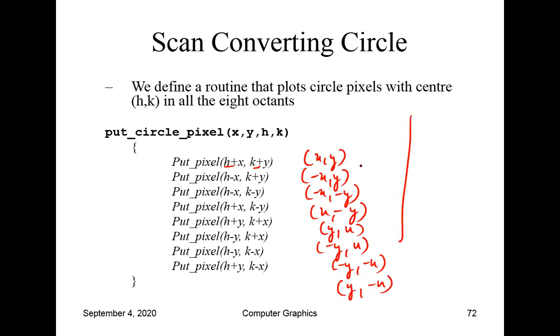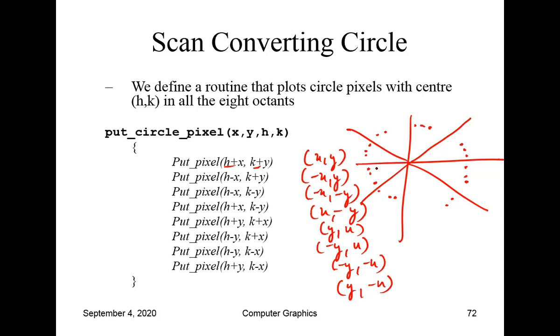So when we do it like this, suppose this was the point, it will be drawn in every octant. The next point will also be drawn in every octant, and the next point too. At the end it completes the circle like this.